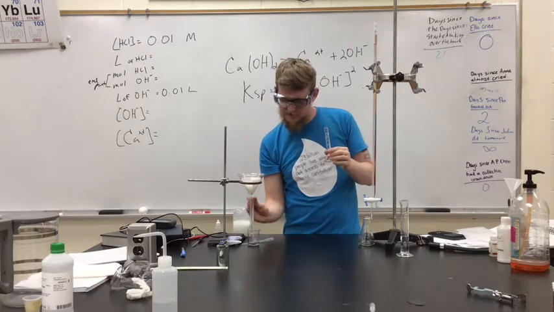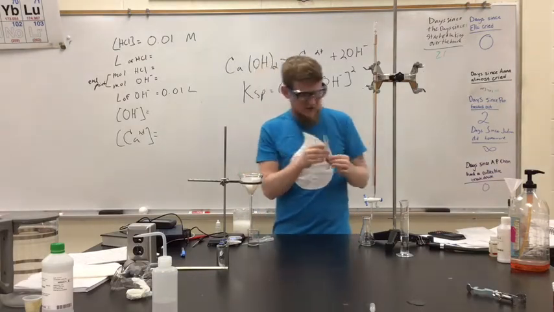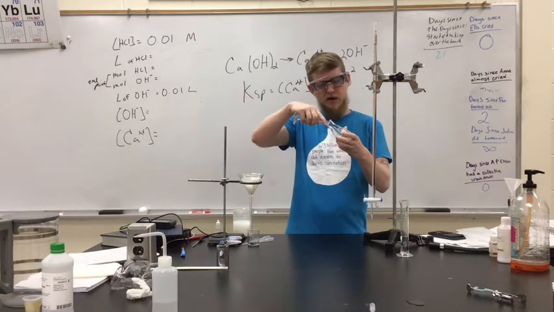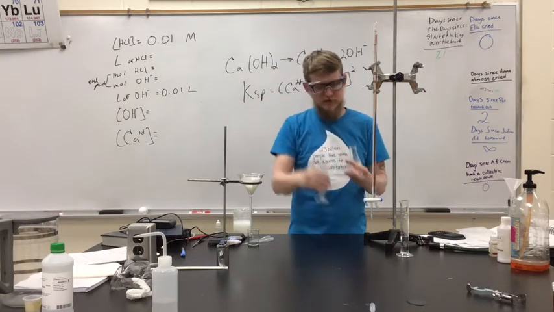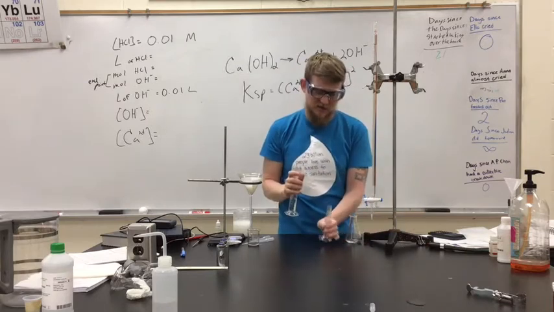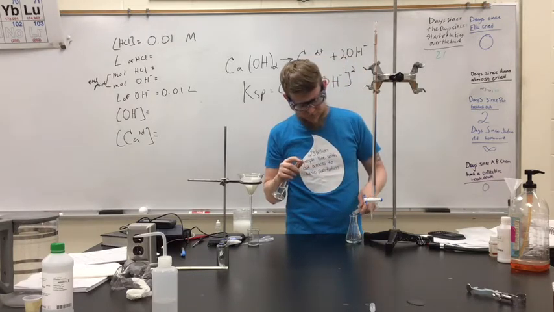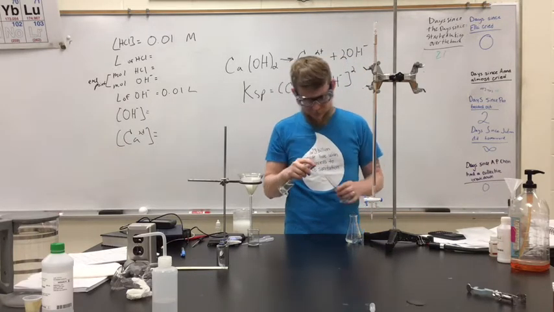All right, so we got 10 milliliters here. I'm going to pour it into our Erlenmeyer flask that we're going to use for our titration experiment. Then we're going to use a rinse of distilled water to make sure that we get all the calcium hydroxide out. There's one rinse, and two rinse.